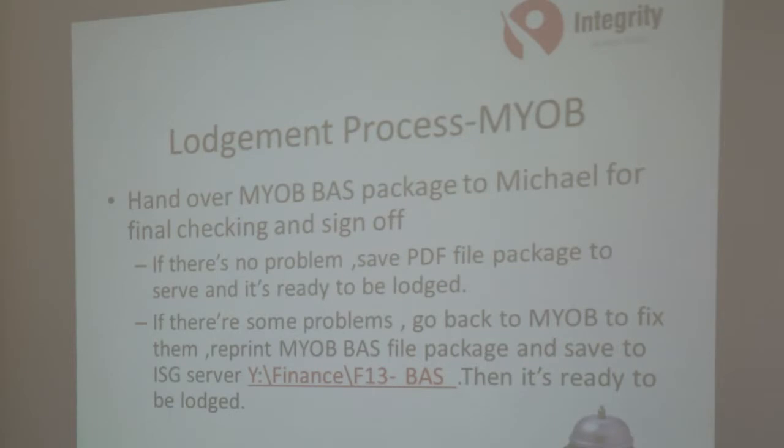If there is still some problem, we need to redo it, just like I showed you guys. So if all files are done and ready, then you save it in the ISG server. This is the path. Then we can save our electronic backup file there. So until now all MLB files are prepared and ready to go.